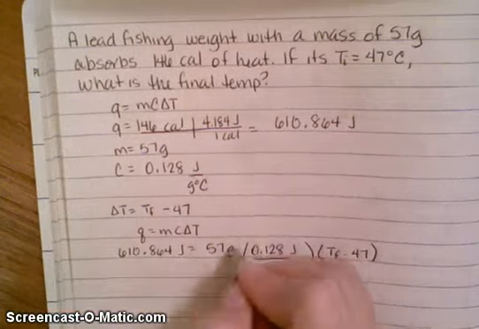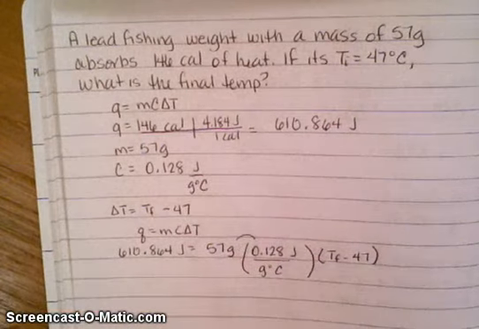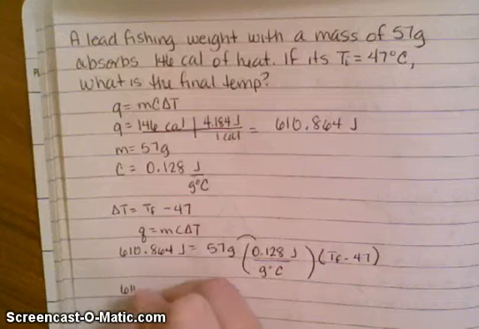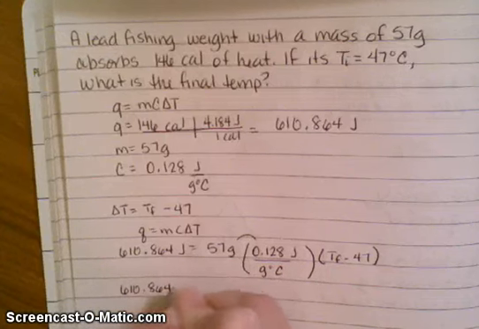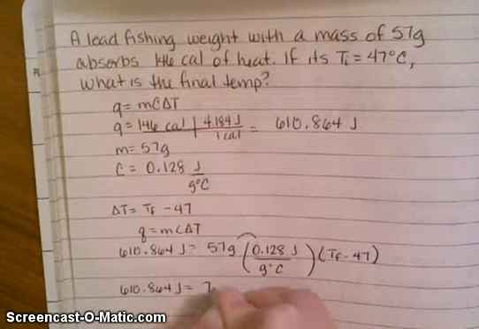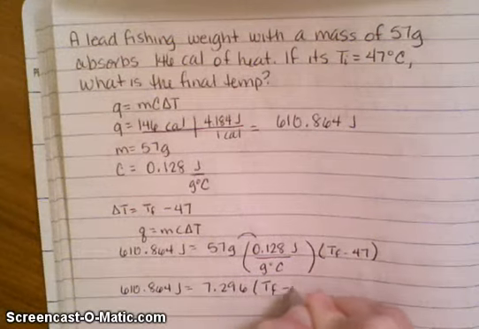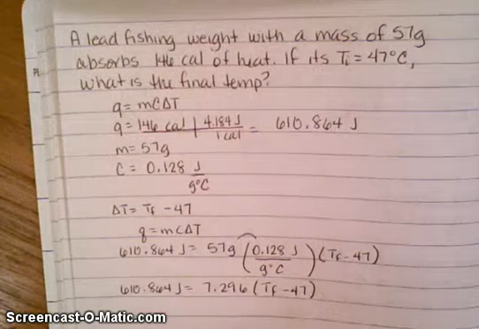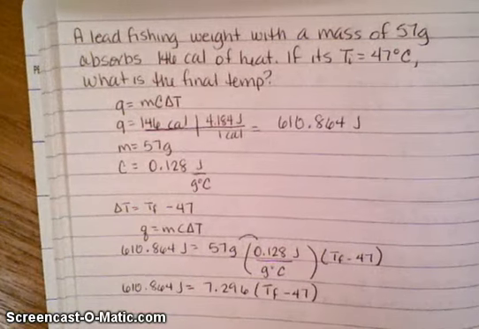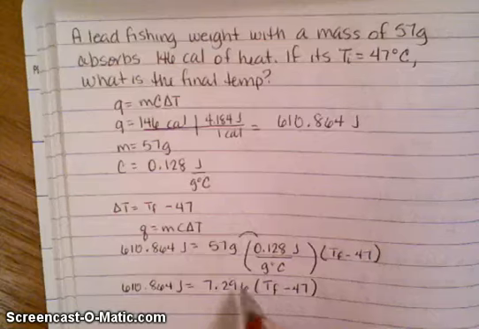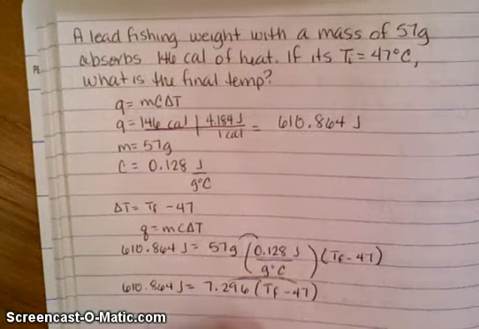So the first thing I'm going to do is I'm going to multiply these two together. Next, following my order of operations, I have to distribute this throughout the parentheses.